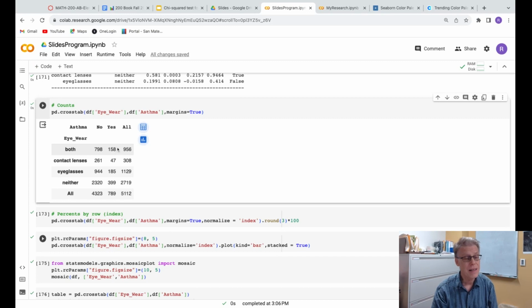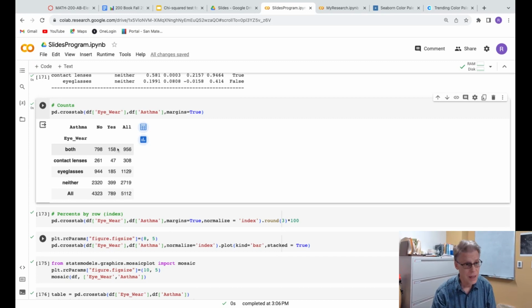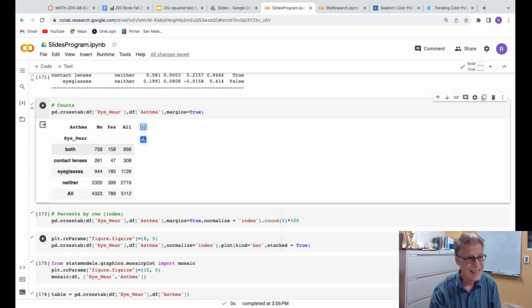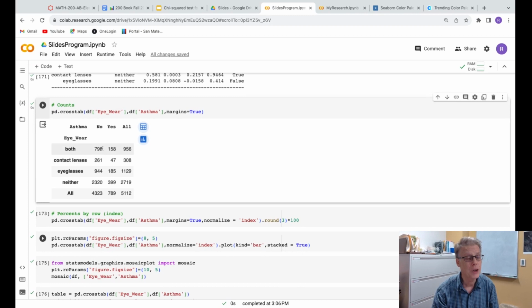If there is no association between these variables, then these proportions, the yeses over the totals, would be the same: the 158 over the 956 would be the same as the 48 over the 308, which would be the same as the 185 over 1129.